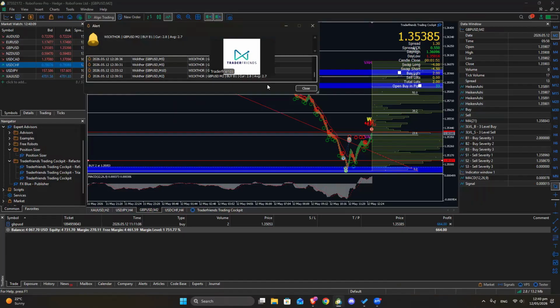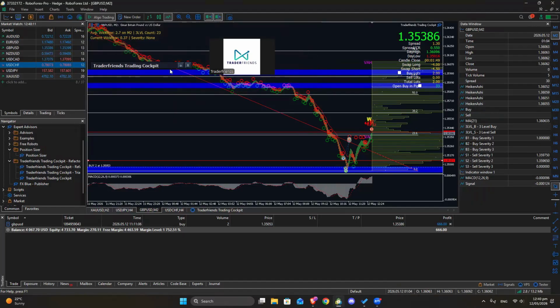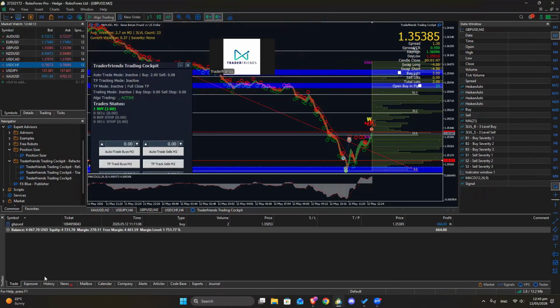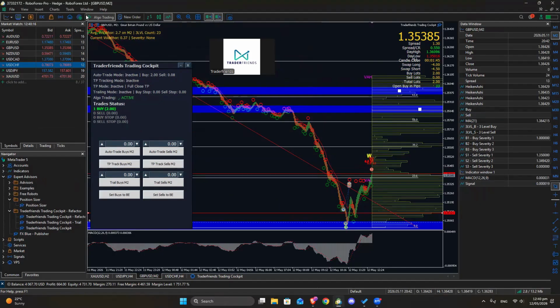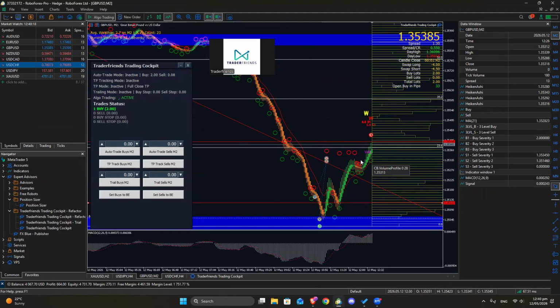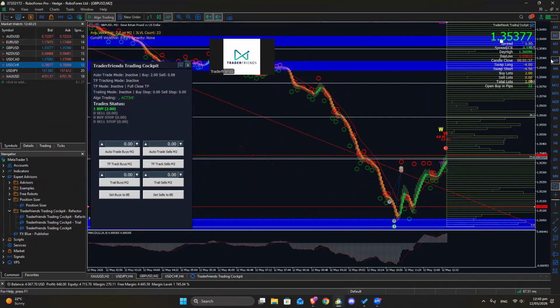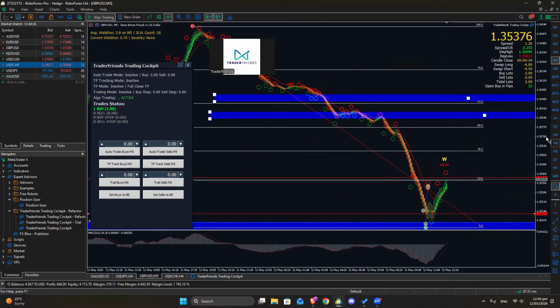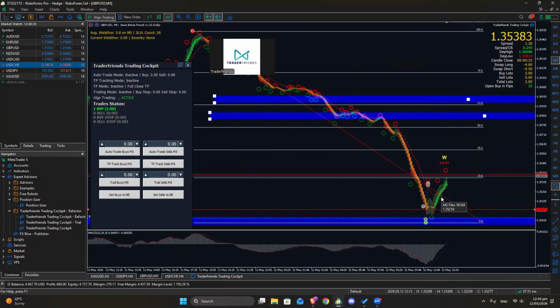And if you don't like to manage it yourself, you can just use the cockpit to manage your position. Now you can see there's a new green circle. If I do it on the 5 minute time frame, you can see here is the green circle, here is another green circle. If we close this candle now, it's going to put the stop here.